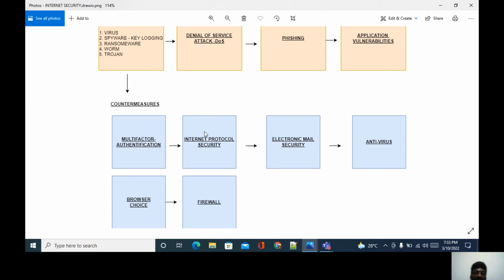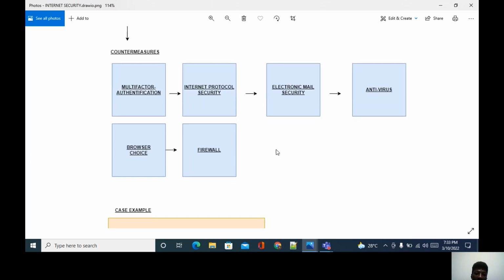We also have internet protocols. So we can use internet protocols to secure the internet. And again, we use electronic mail security to make it secure. And the next one is antivirus. We use antiviruses to make the system secure. And the next one is browser choice.